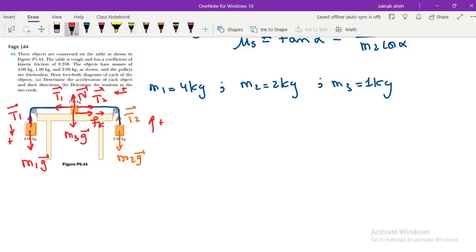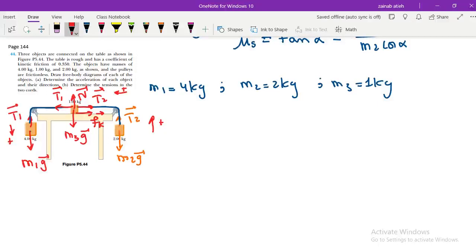In the end I have one acceleration that is the same for all three objects because they are all connected together, the same rope in the same direction. So acceleration of 1 is equal to acceleration of 2 is equal to acceleration of 3. So I will call all of them A.